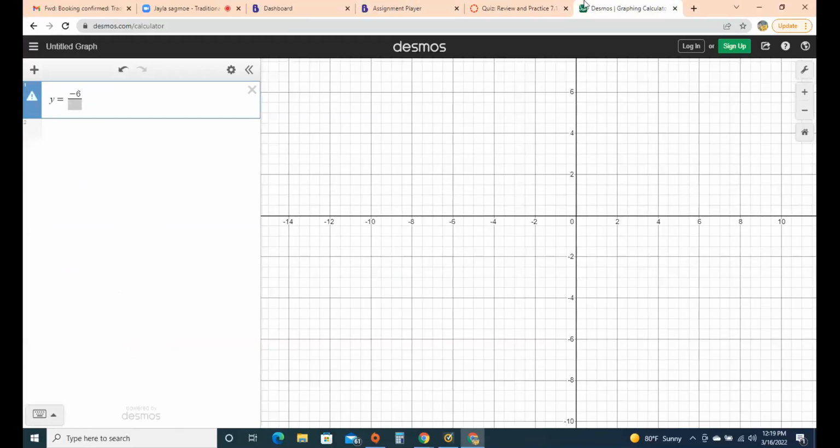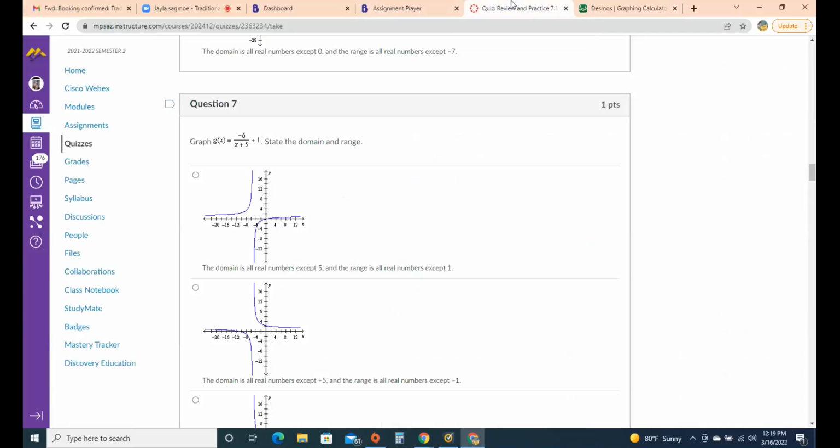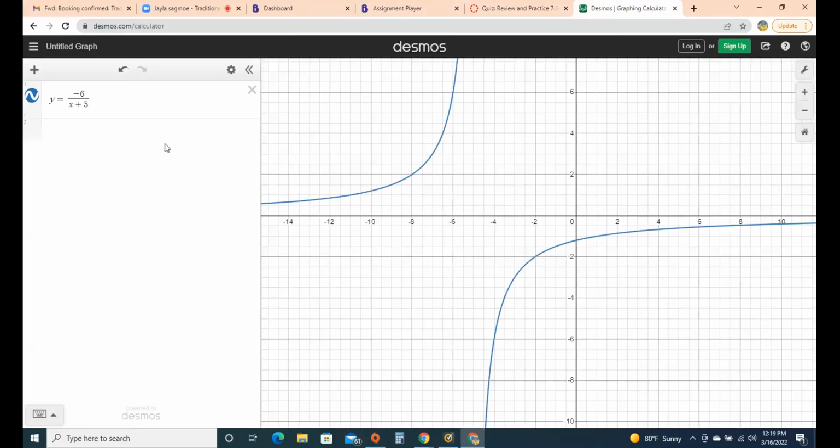X plus 5. And then do I just add y equals 1? You have to put a +1 to the right of it. Oh, okay. Yeah, right there.